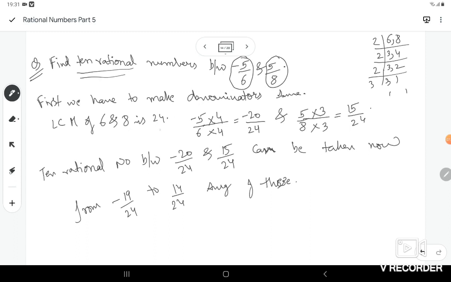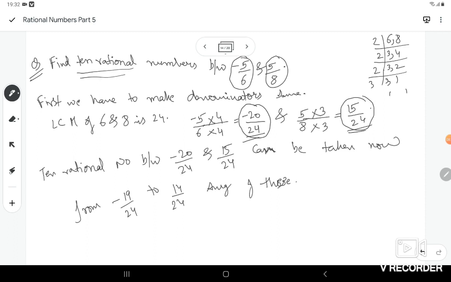Now here we will be taking the LCM. The LCM of 6 and 8 comes out to be 24. On taking the LCM as 24 and multiplying the numerator and denominator with the respective numbers so that the denominators become equal to 24, the rational numbers come out to be minus 20 by 24 and 15 by 24.